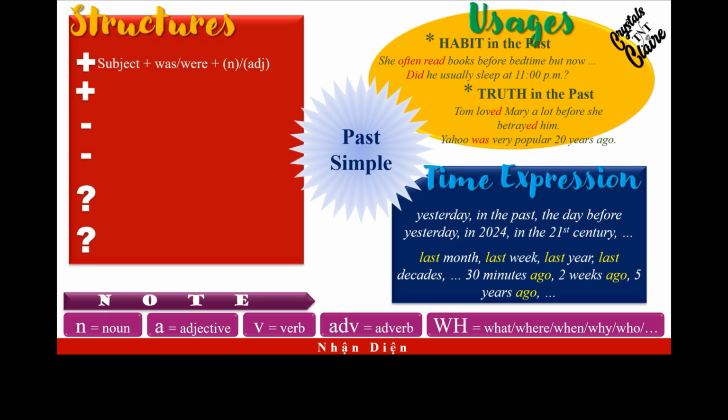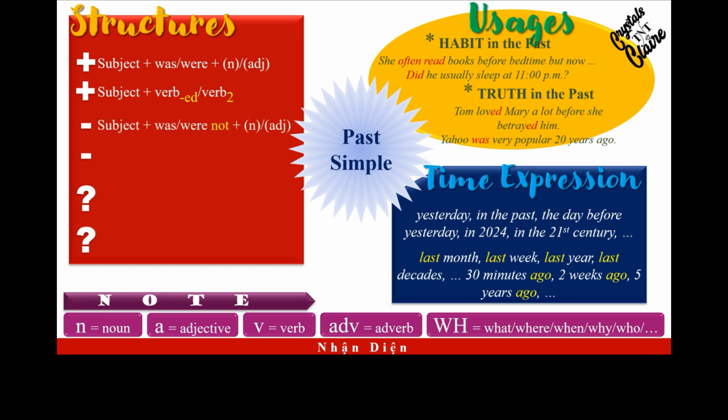So for the affirmative form, yes, you can use to be with where, go with now or adjective, or verb of the past tense. You should use verb-ed and verb 2 that you have to learn by heart.